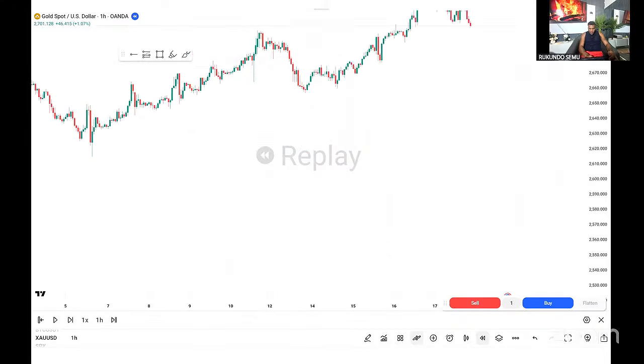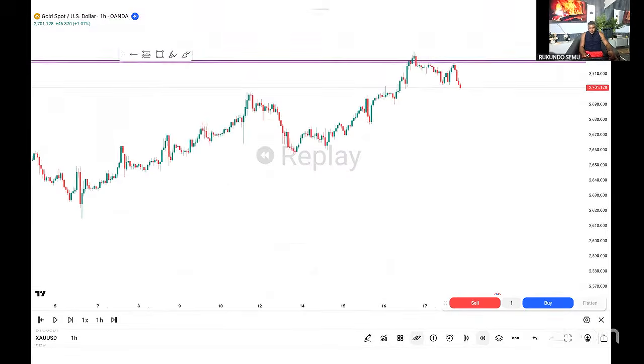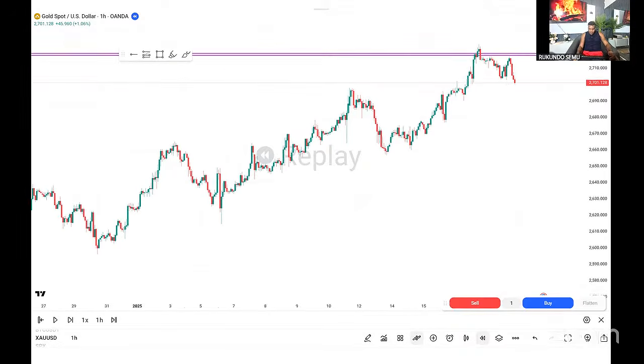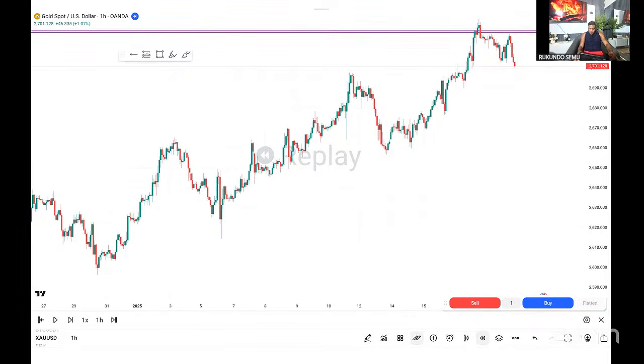To see if this market is going to give us what we want. Here we want at least the market to give us 1 to 2 before it reaches this daily resistance. That is a key level. You are supposed to understand it very well.